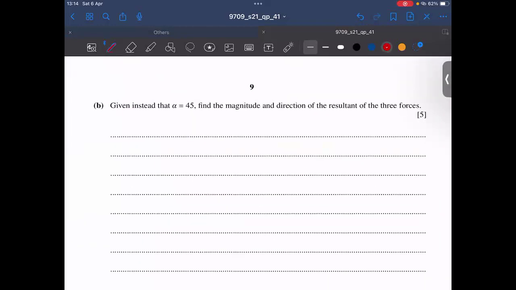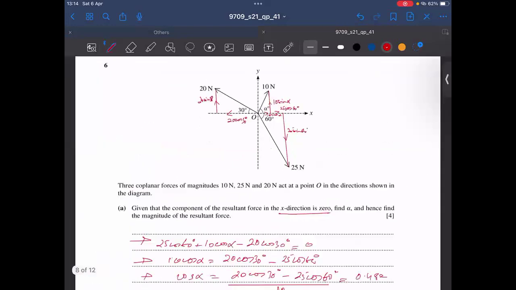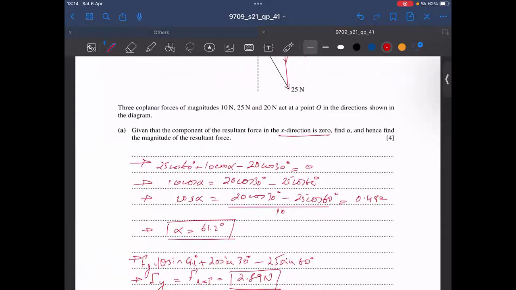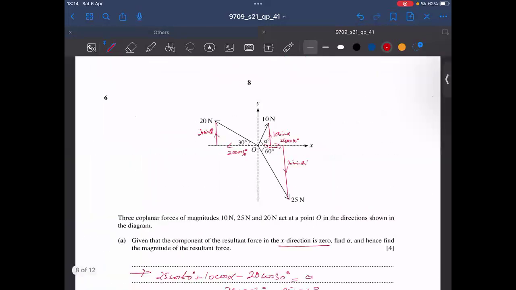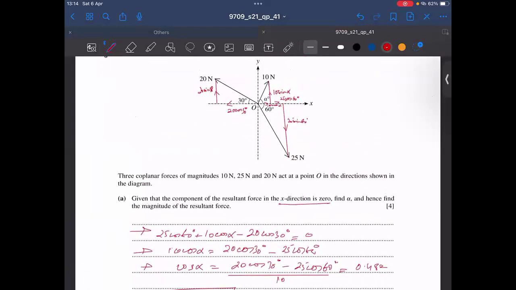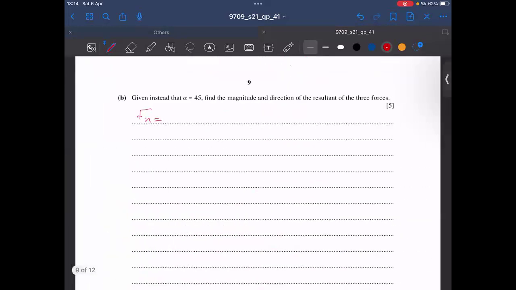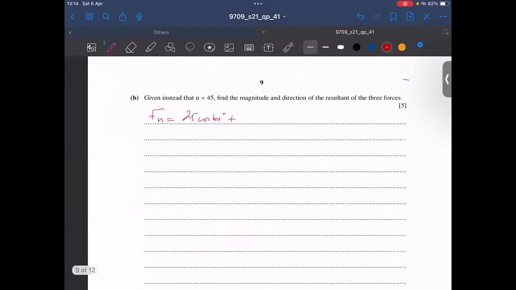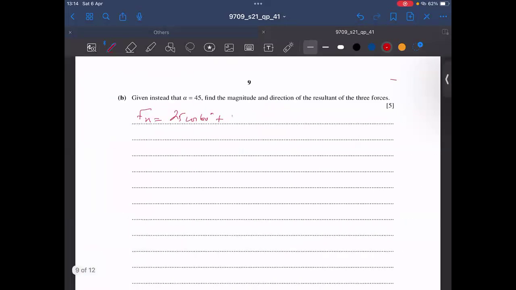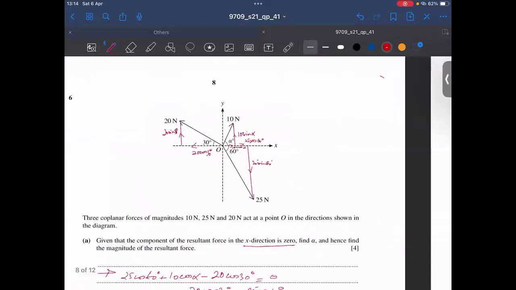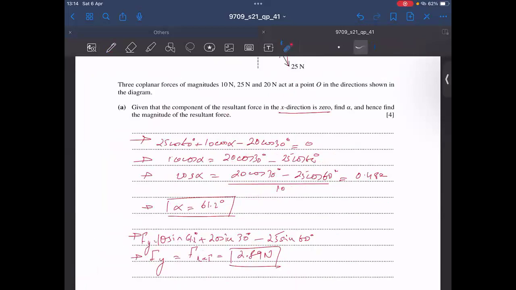Then we are given that instead alpha is 45. Find the magnitude and direction of the resultant of three forces. In the x direction, Fx, I'm going to have 25 cos 60 plus 10 cos 45 minus 20 cos 30.